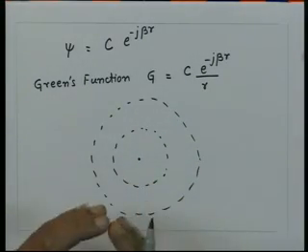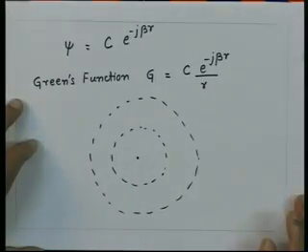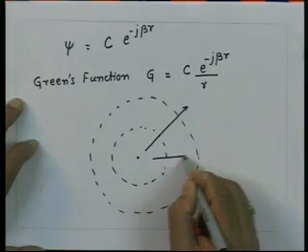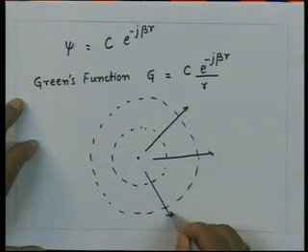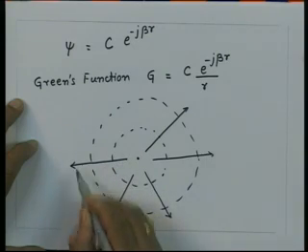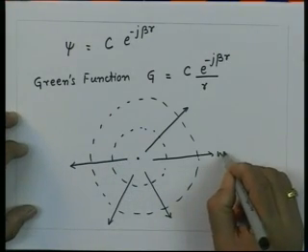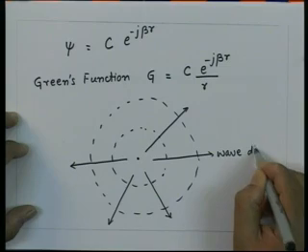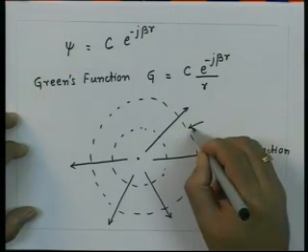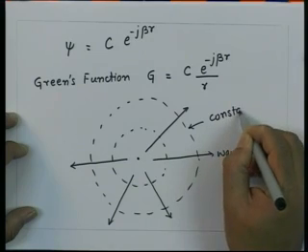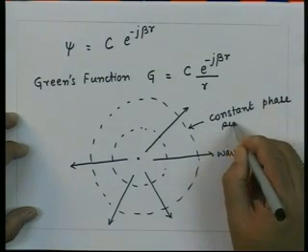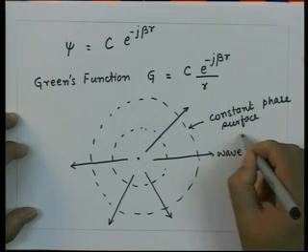and the wave is travelling radially outwards, it is going in r direction. That means the wave is travelling essentially in this direction, radially outwards. So this is the wave direction, and these surfaces are the constant phase surfaces which are spheres.